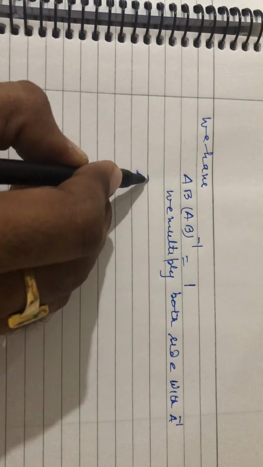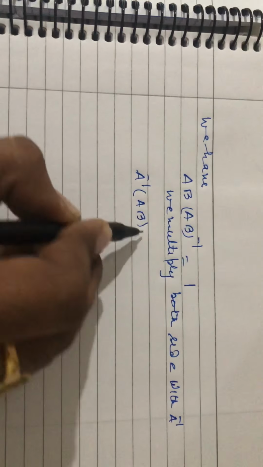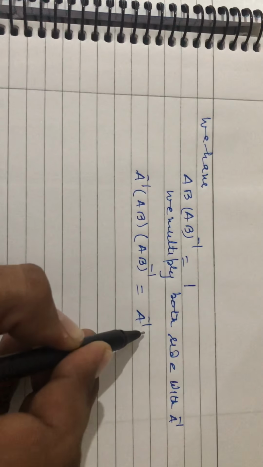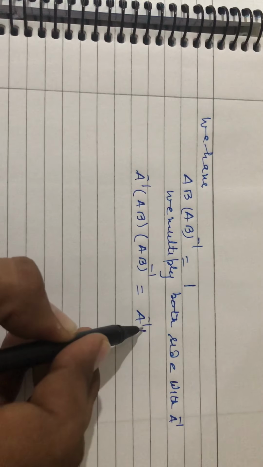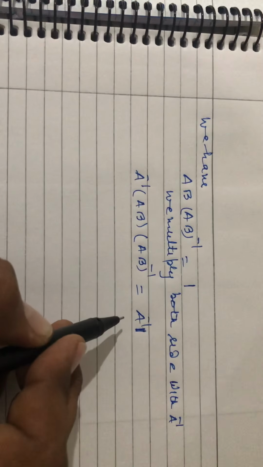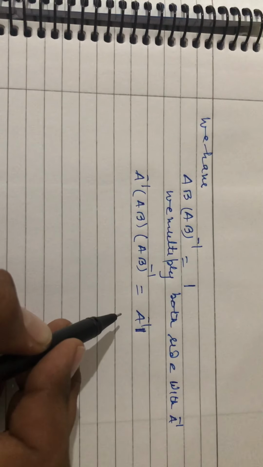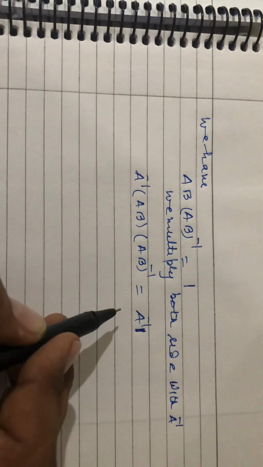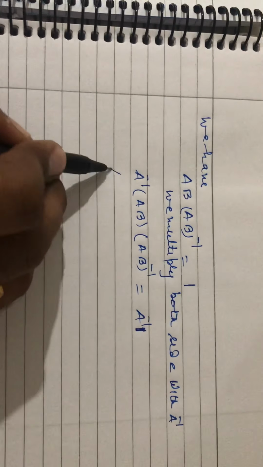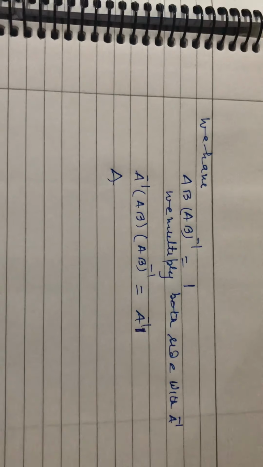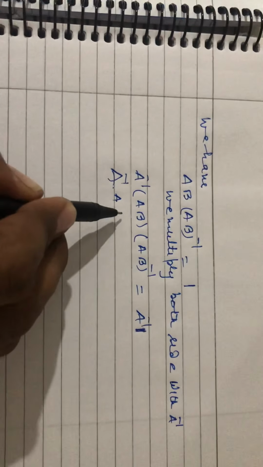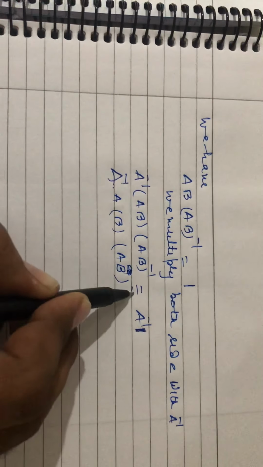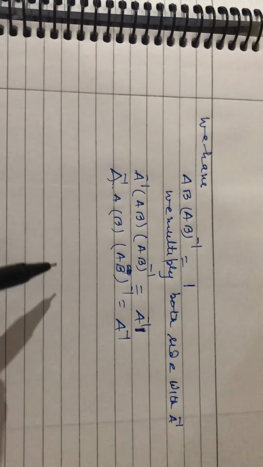Then it will be A inverse, then AB, and the inverse of AB is equal to A inverse with I. Then do the product A inverse with A, B as it is, then A inverse A B times the inverse of AB is equal to A inverse.